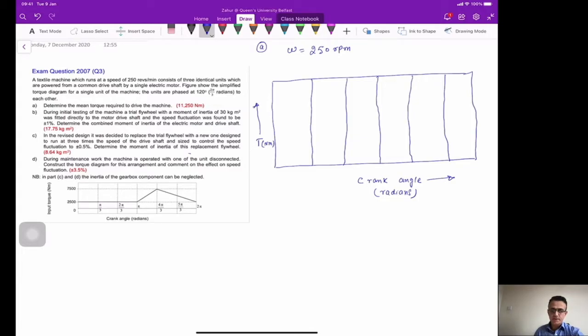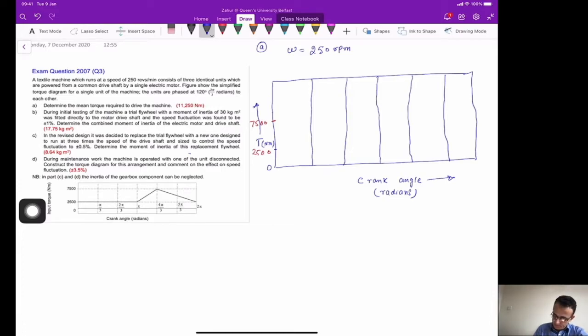The first thing is that you need to draw the torque diagram here. So this is our 0, this is 2500, and this is 7500 here.